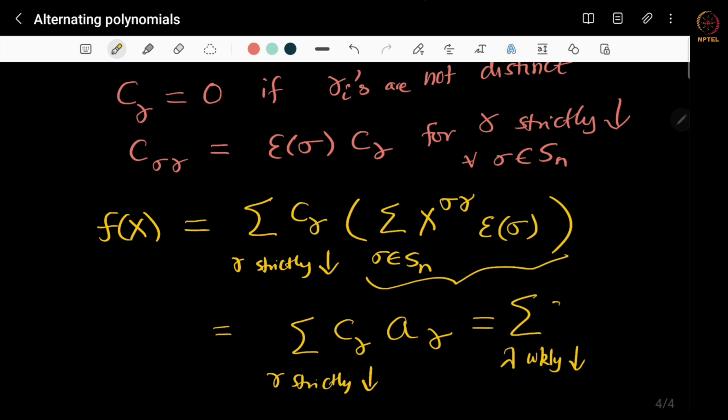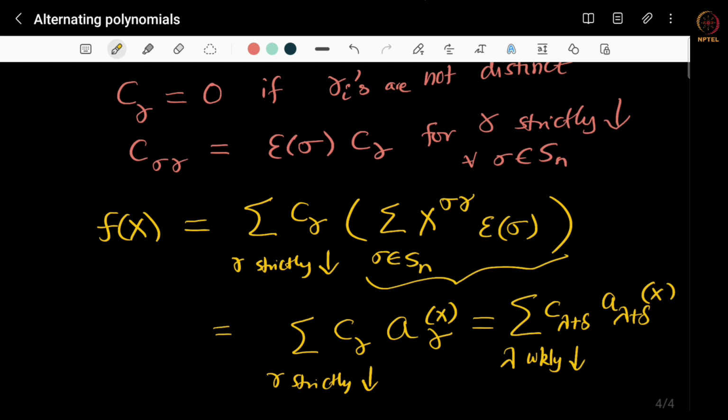And what I get inside are the other possible multi-indices, the ones that are permutations of my gamma, counted with an appropriate sign.